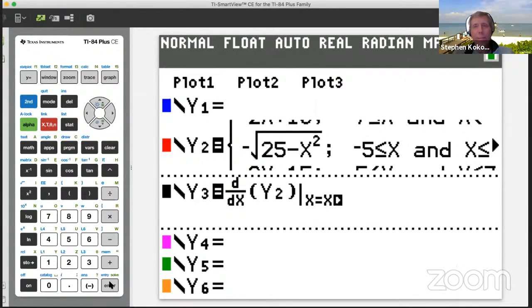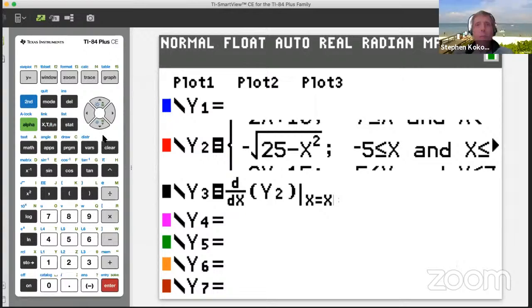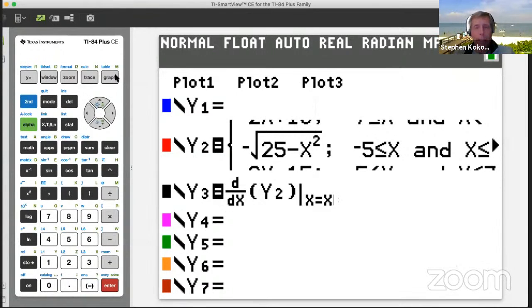Yep. All right, well, drum roll here. Let's see if we see a derivative of our y2 come up. Tom, before you do that, can I ask a question about this page? Sure. So as you look at y3, I don't expect an answer here. Curtis might be able to answer this one, but this bothers some of us, right to the right of the vertical bar where it says x equals x.